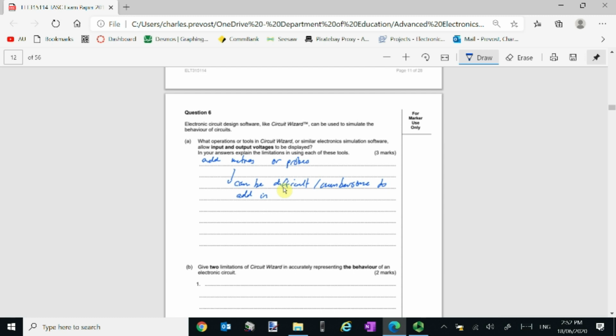But that's okay. The probes, well, the probes really don't have a limitation. You can show the voltage. It doesn't give you precise values necessarily, so you might have to read that off. So probes don't show the number, but rather a graph.